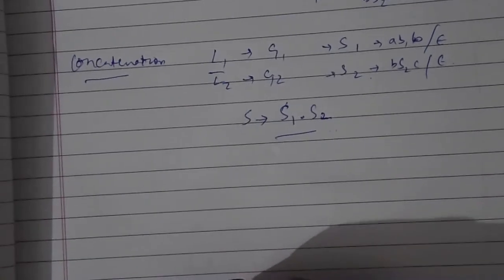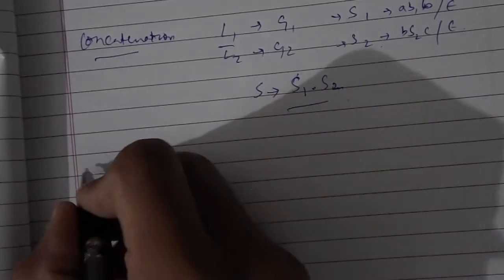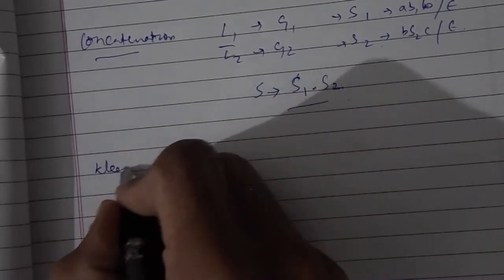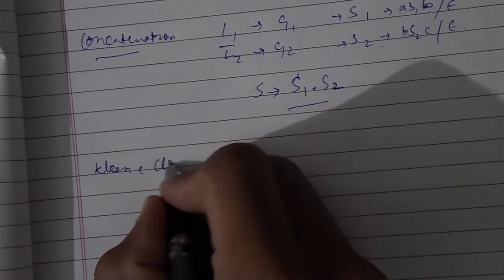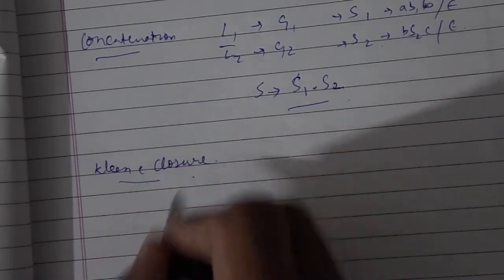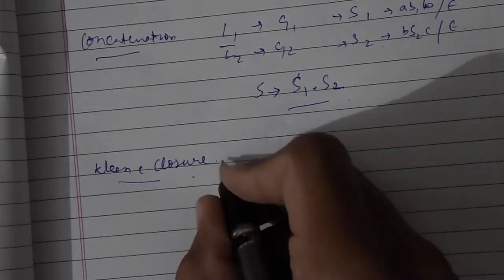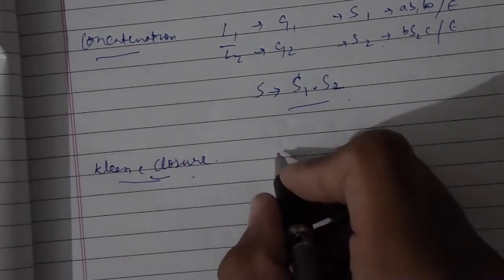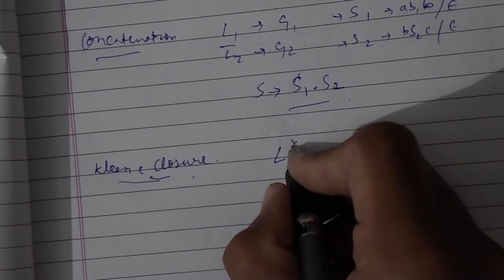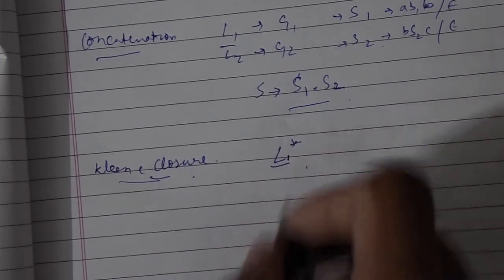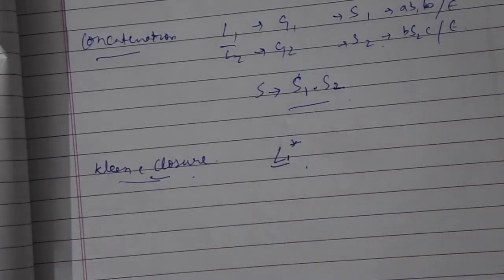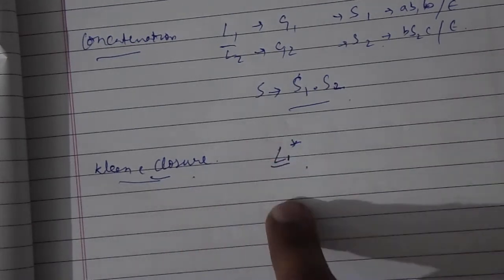Let's go with the third property, which is Kleene closure. To show that our languages are closed under Kleene closure, first I have to understand what closure means. Let's take a language. For closure, what it means is L star, that I have to repeat the strings which I have in the language again and again.